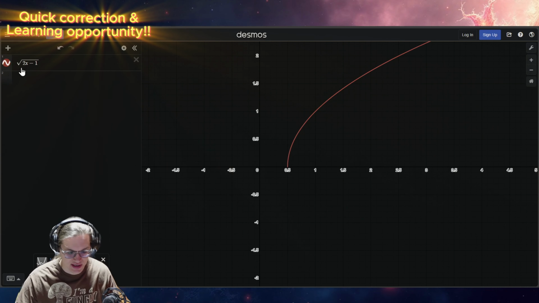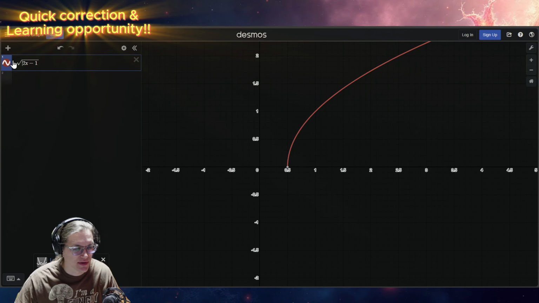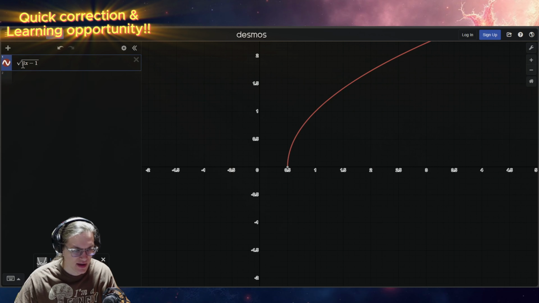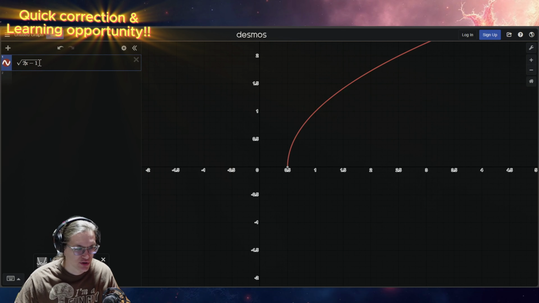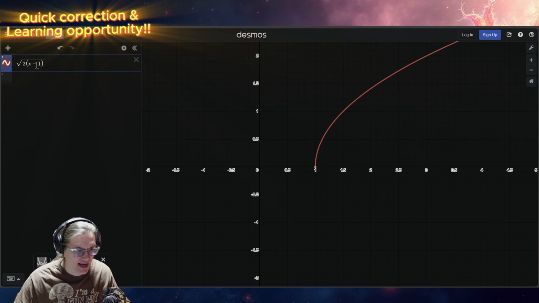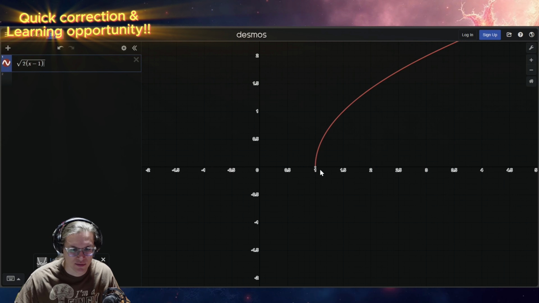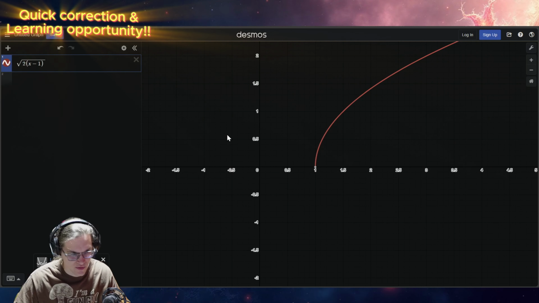You just have to be careful with this, because what's under the radical here is 2 times x, minus 1, as opposed to 2 times the quantity x minus 1, which would now shift to the right 1.